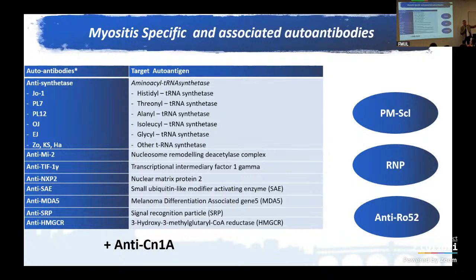They changed completely our approach to myositis, starting from anti-Jo1, which was the first described, but now we have other anti-synthetase antibodies. We have anti-Mi2, we have anti-SAE, as previously presented by you with the first case I saw. We have anti-MDA5 antibodies.